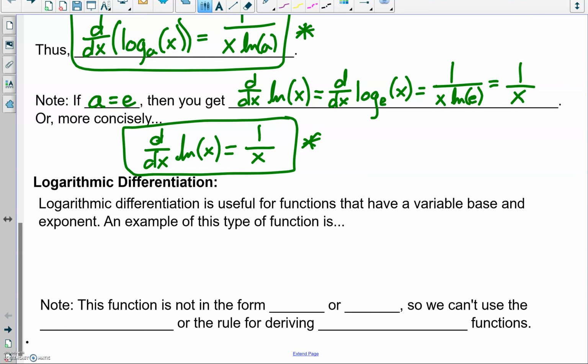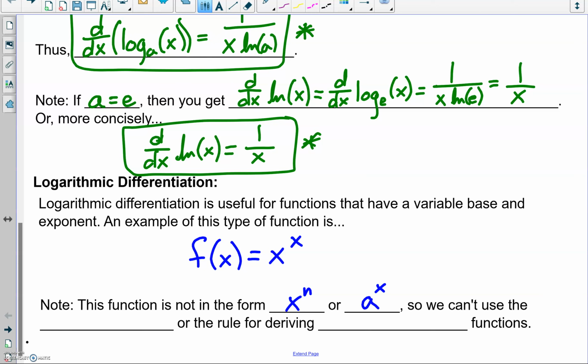And in logarithmic differentiation, it's useful for functions that have a variable base and exponent. So an example of this type of function might be something like this, where you got f of x equals x to the x power. And note that this is not in the form x to the n, where n is actually a number, or a to the x, where a is actually a number.